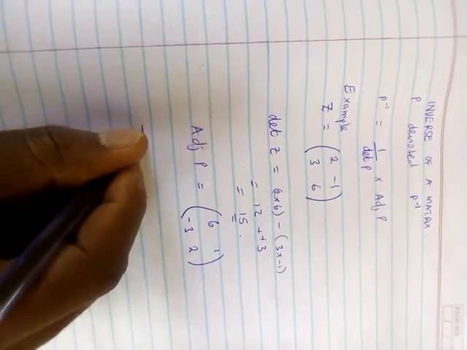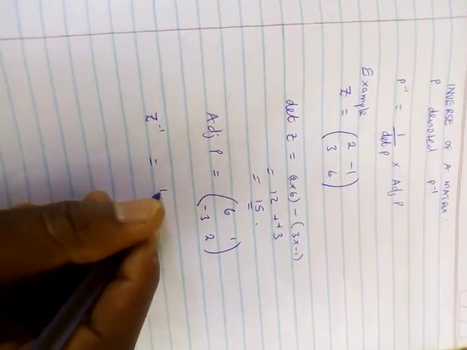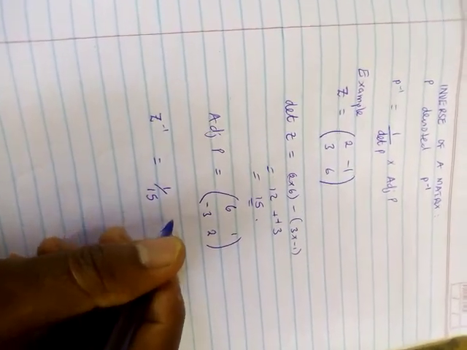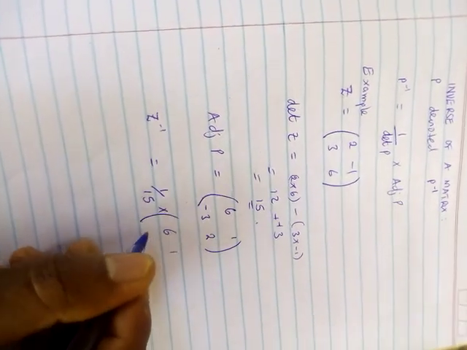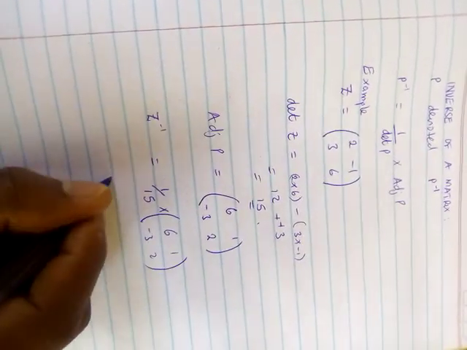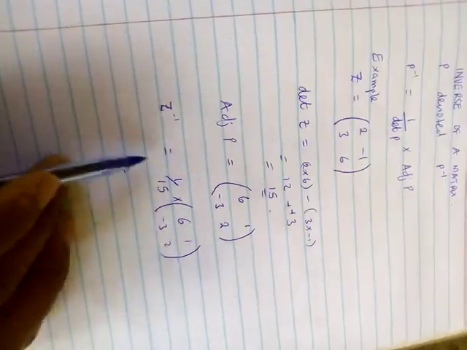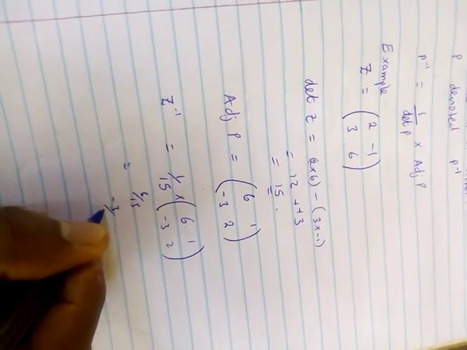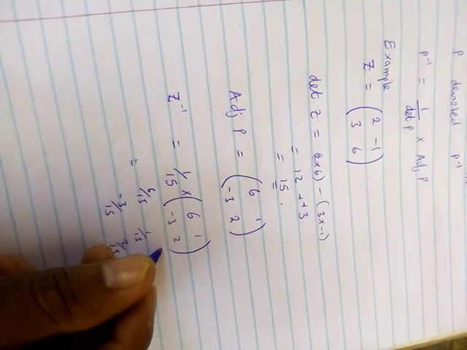Then Z inverse will equal 1 over the determinant, so this is 1 over 15, multiplied by the adjoint I've computed, 6, 1, -3, 2. This is like scalar multiplication of each element by 1 over 15. I have 6 out of 15, -3 out of 15, 1 out of 15, then 2 out of 15.